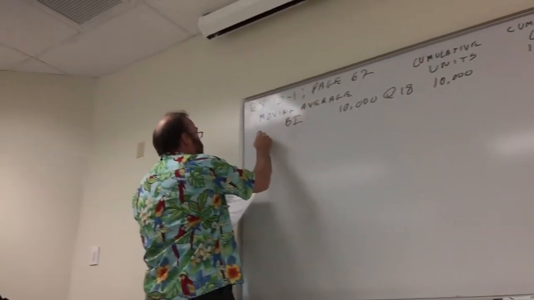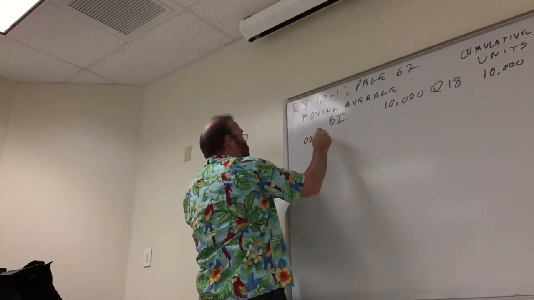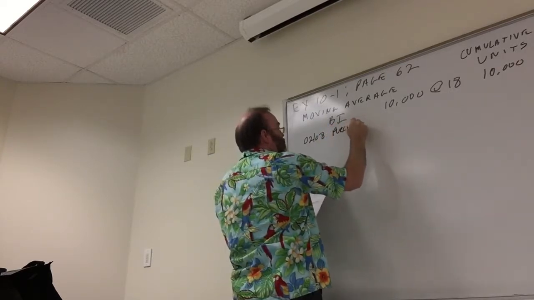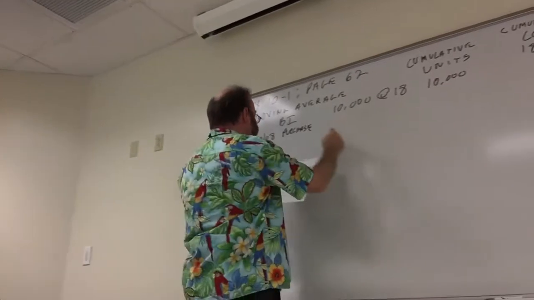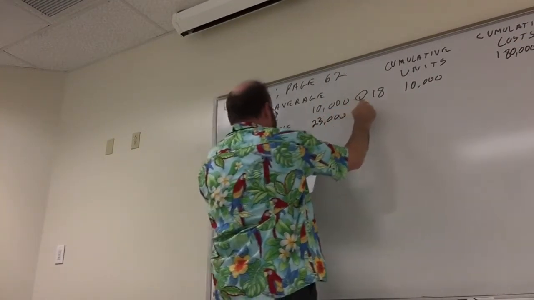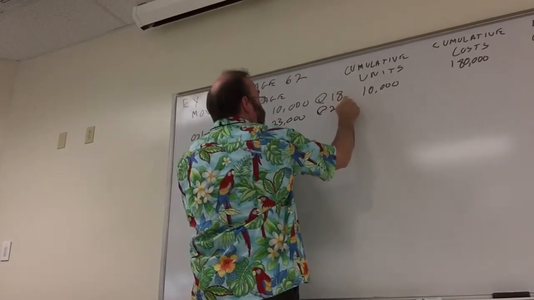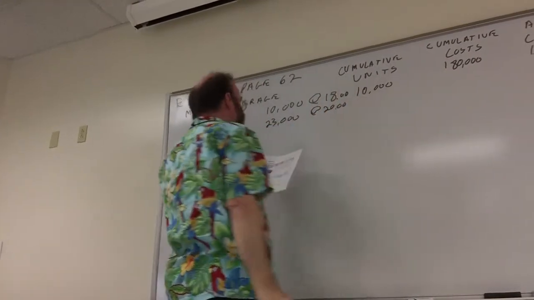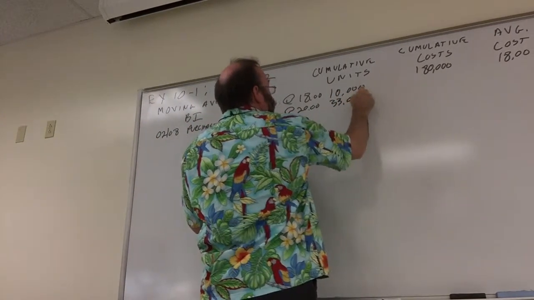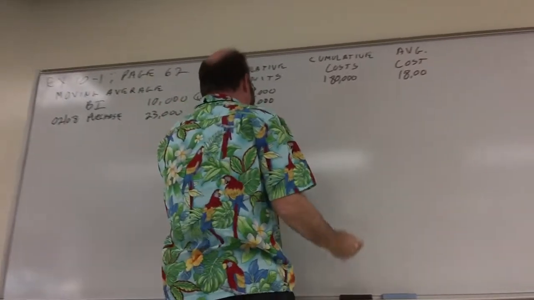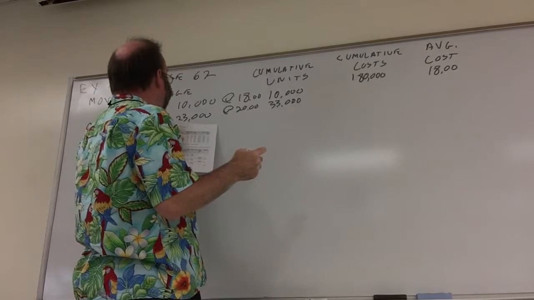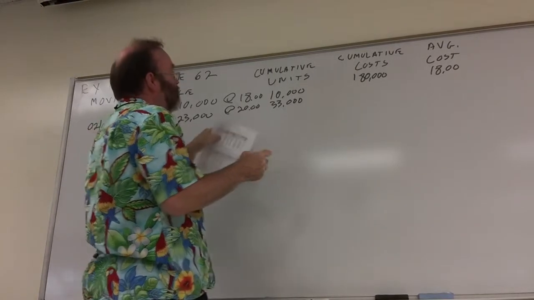Then on February the 8th, we made a purchase of 23,000 units. That cost us $20 a unit. So that brings us total to 33,000 units at a cumulative cost, because these cost us 23 times 20, that's 460,000.